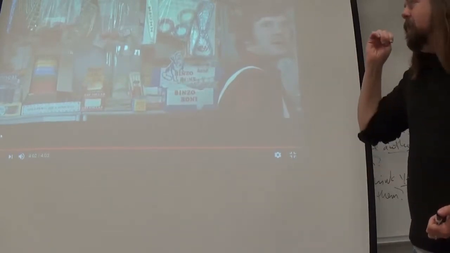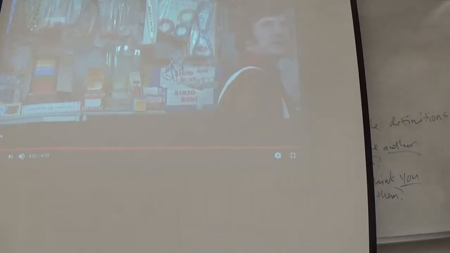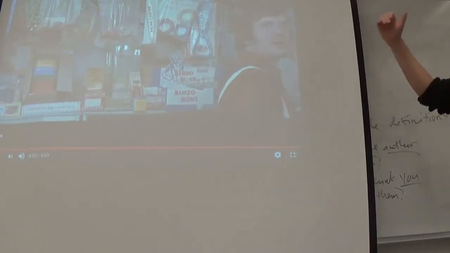So the basic binary opposition here is shopkeeper and customer. These are the two forces that are pushing against each other in this particular scene, right? What differences do we notice between the shopkeeper and the customer here, apart from their difference over whether the parrot is alive or dead?